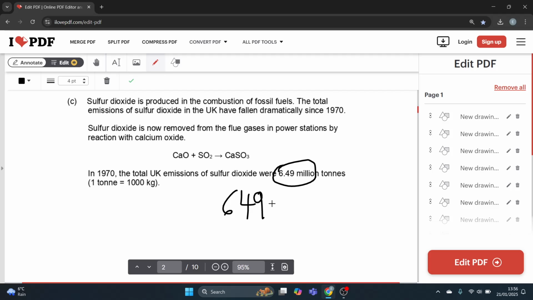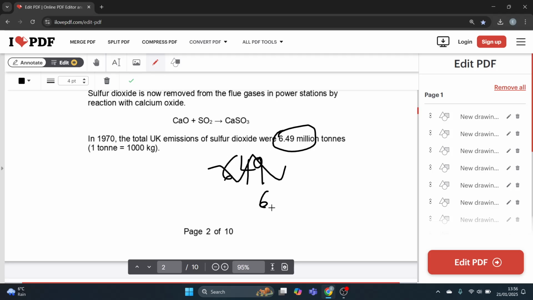So 6.49 million tons in kg: firstly 6.49 million is 6.49 times 10 to the power 6, and then I need to times by 1000, so it's going to be 6.49 times 10 to the power 9.